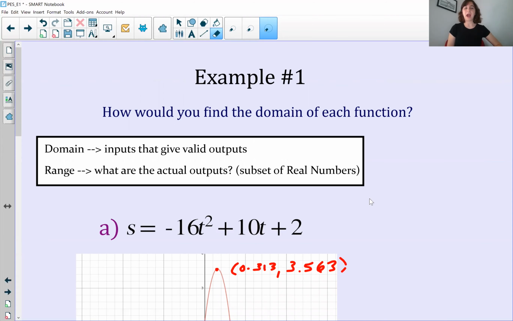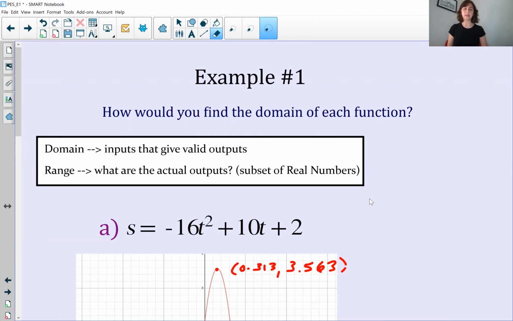And so how would you find the domain of each function? If you're just given a function and there's no context to it, it is what it is. This is the thought process you want to go through. You want to think of domain as the inputs that give valid outputs, and the range is going to be what our actual outputs are when we apply those inputs.